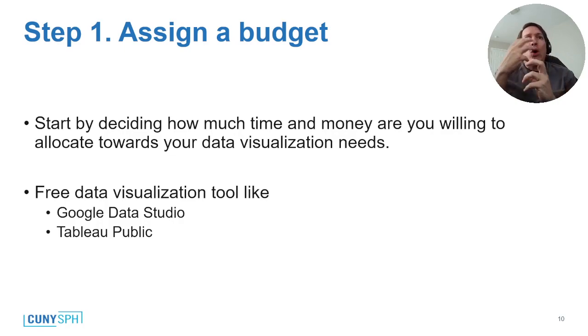And you can have all these combinations regarding the budget. And if we are talking about money, then yes, we can consider some free data visualization tools like Google Data Studio, Tableau Public, and a series of free available tools that are out there.